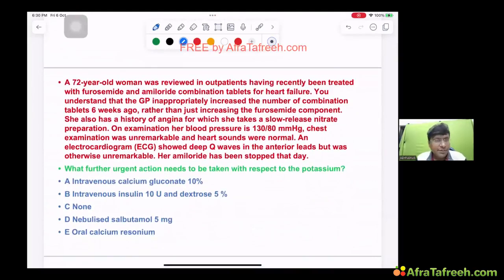Okay. A 72-year-old woman is reviewed in outpatients, having recently been treated with a furosemide and amiloride combination tablet for heart failure. You understand that the GP inappropriately increased the number of combination tablets 6 weeks ago, rather than just increasing the furosemide component. She also has a history of angina, for which she takes a slow release nitrates preparation.